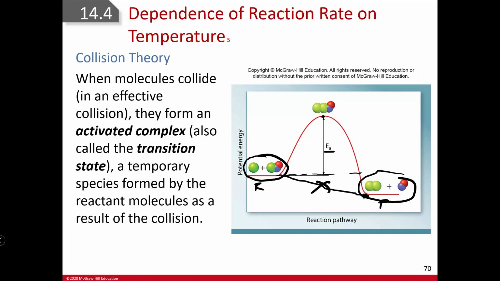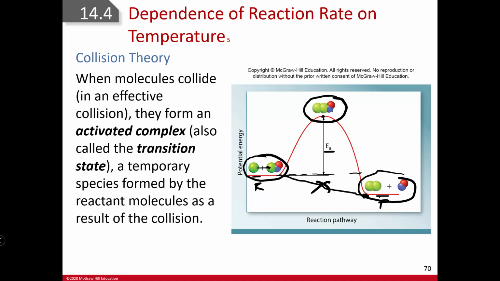And this is called an activated complex. It's when the chlorine initially collides with the other chlorine. Notice it hasn't broken off. And so we were not at the product stage yet, but we're not at the reactant stage either. And it always takes energy to go from the reactants to this activated complex.